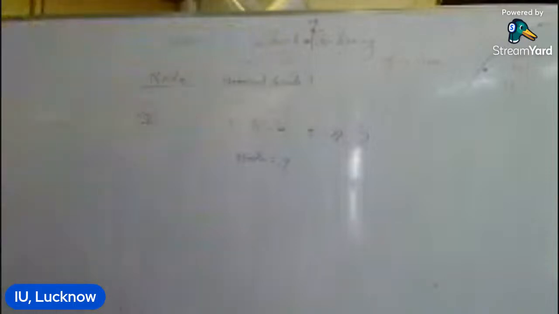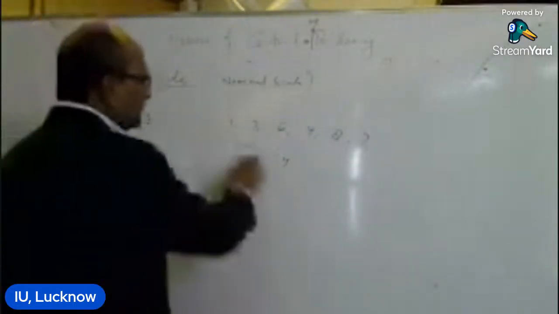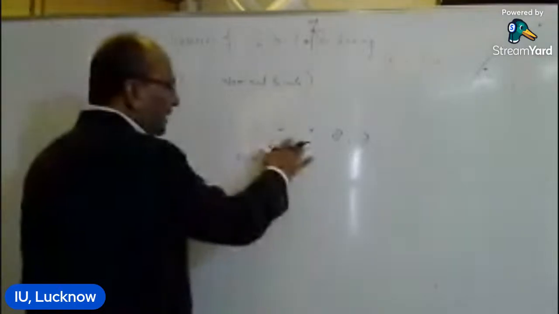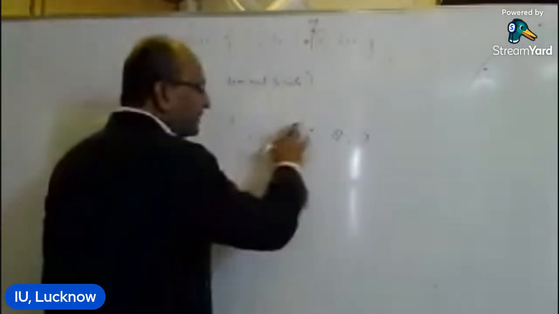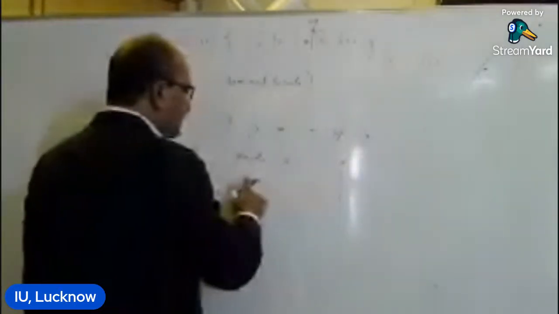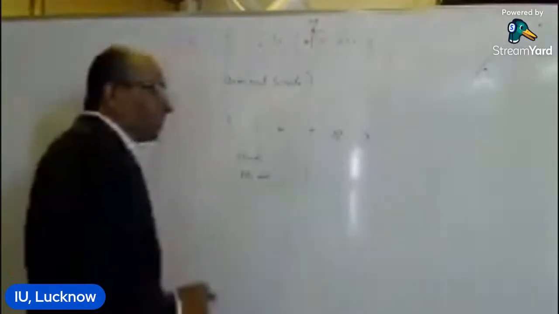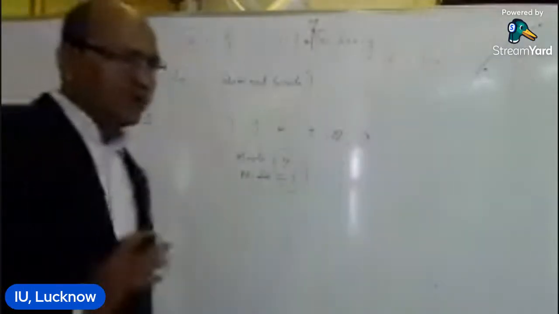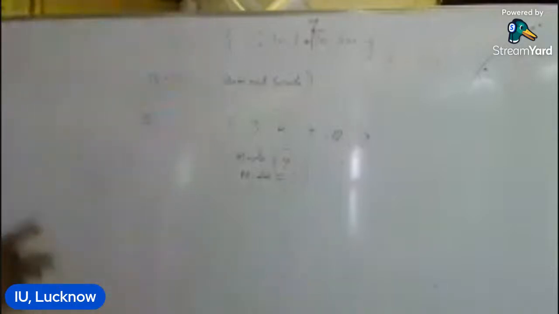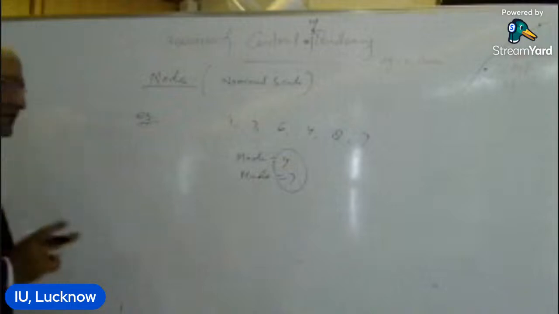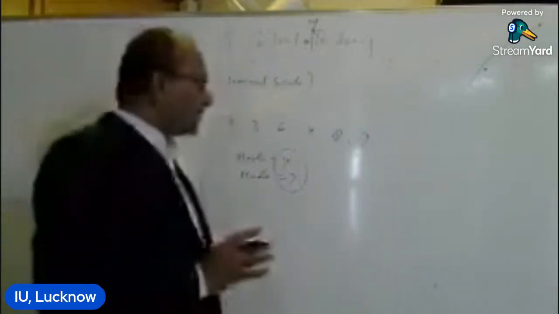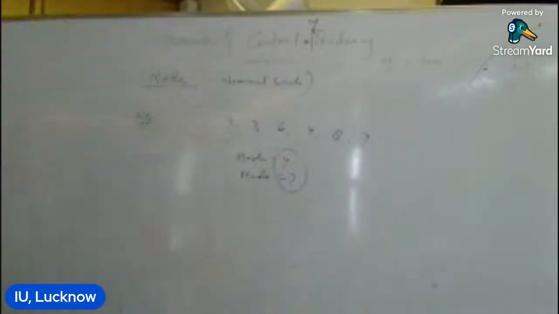In that case, what is the mode? The frequency of 4 is 2 and the frequency of 7 is also 2. So there are two modes, 4 and 7. But mean and median are unique. Mean is always a unique value, median is always a unique value, but mode may be one or two; the data may be unimodal, bimodal or multimodal.